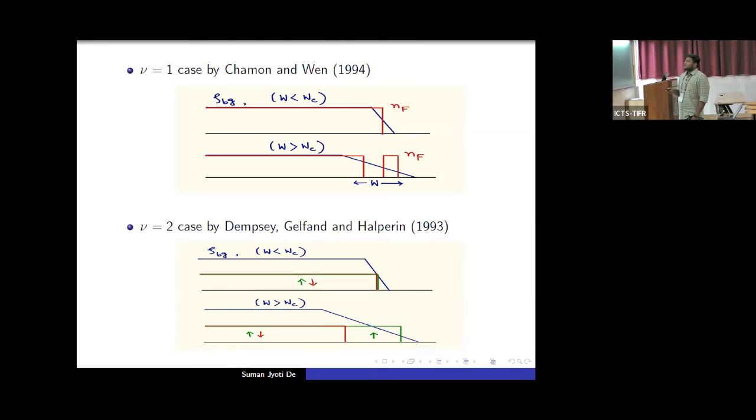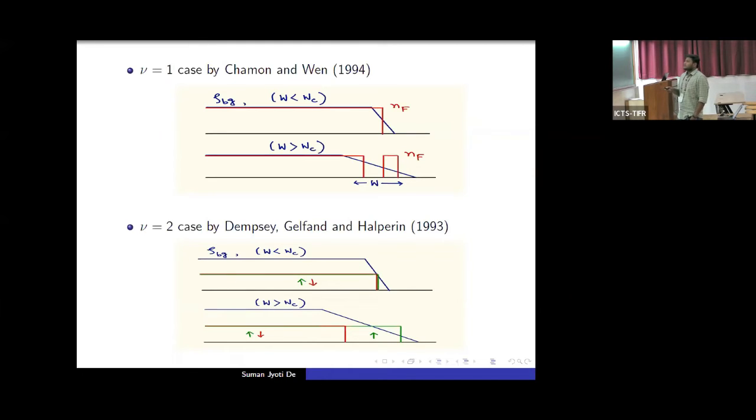But if you make this width larger than a certain critical value, or the background falls off very smoothly, then you will see that some part of the electrons actually goes away from the bulk and forms a separate liquid.